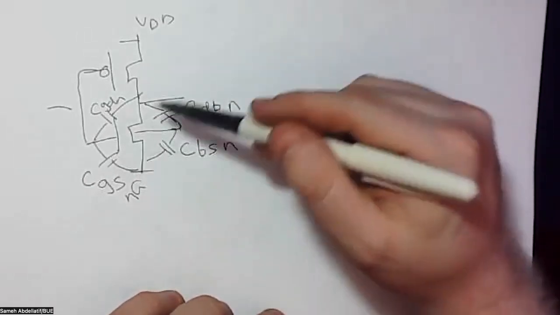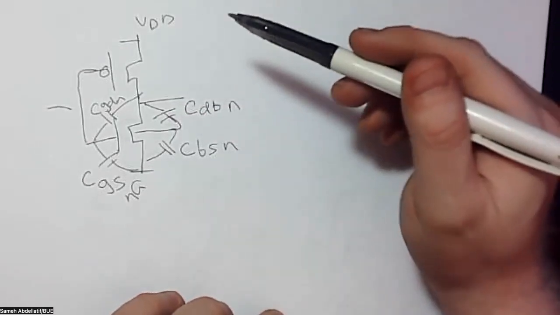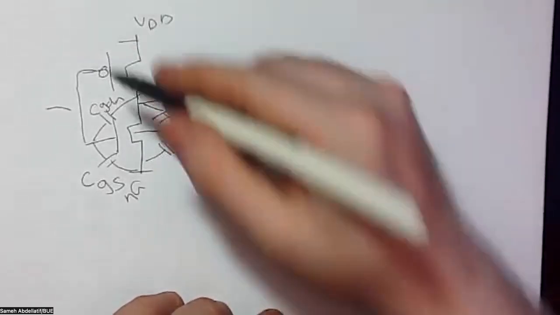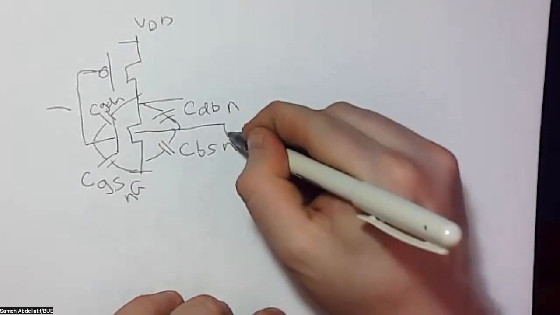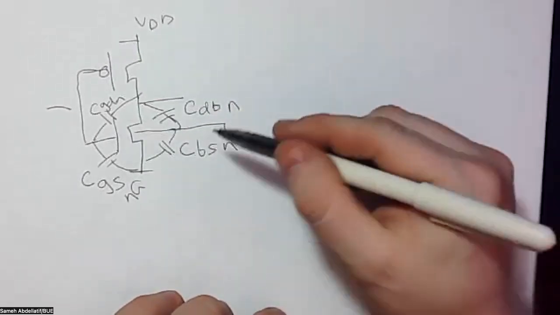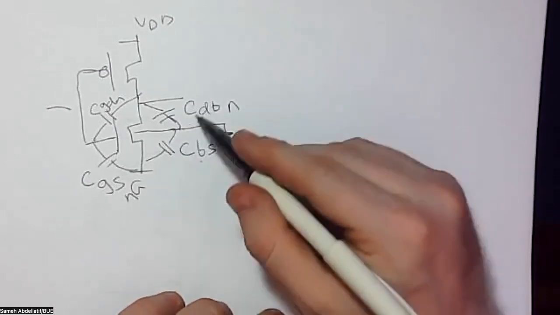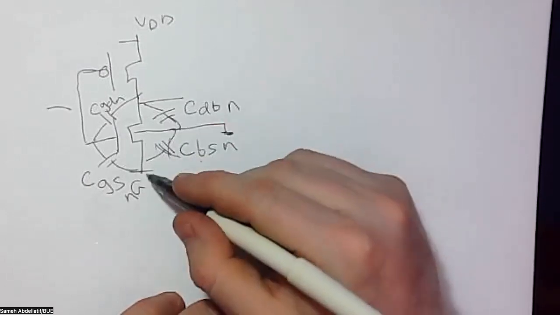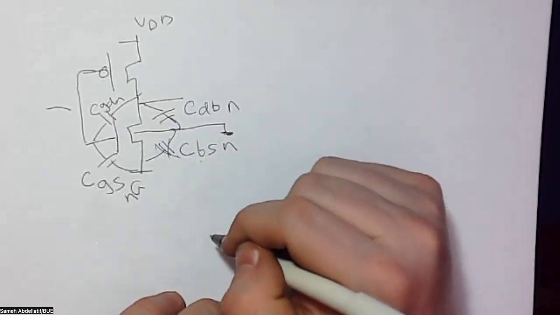Basically, these capacitors differ based on the biasing consideration. For example, usually in an inverter, we have this body terminal connected to the ground. So simply this CBS, or the body-source capacitance, has no effect, because the two terminals of the capacitance are connected to ground. So it doesn't affect the circuit.